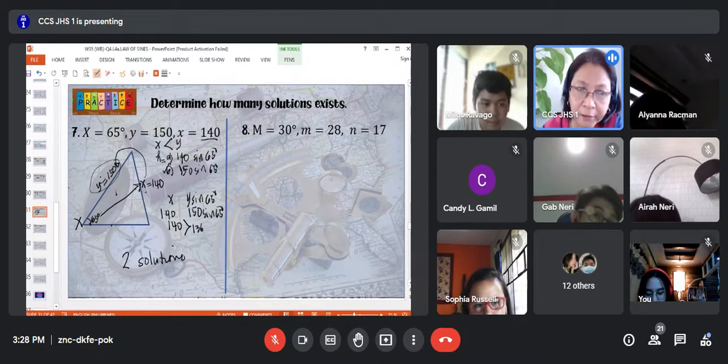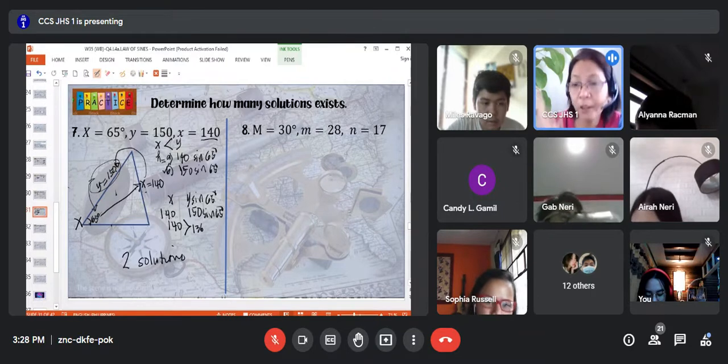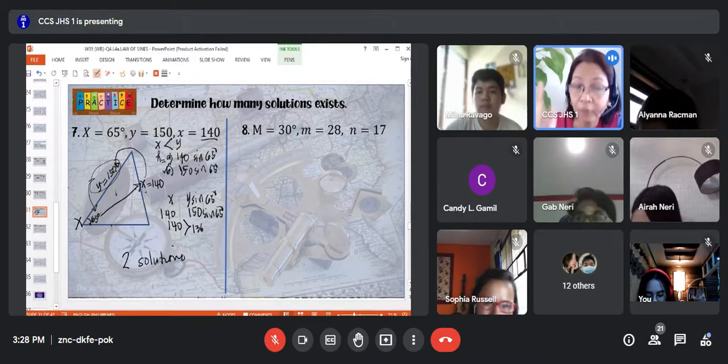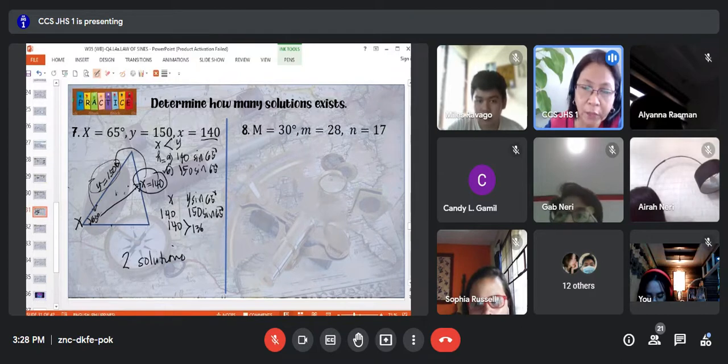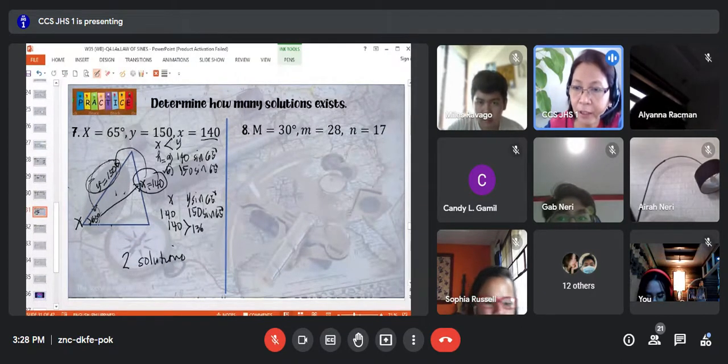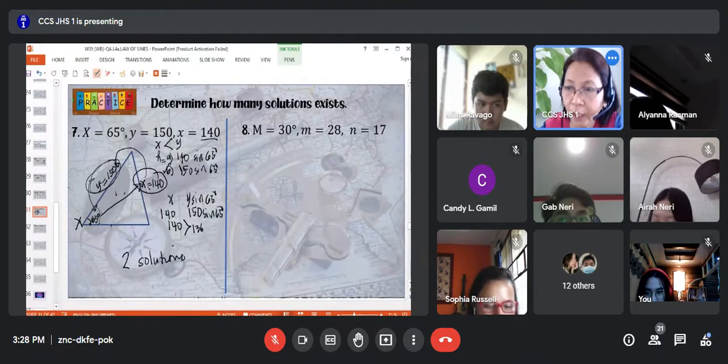And the altitude is the other side times the sine of the given angle. Compare the side opposite the given angle, x, with the altitude. And the altitude is the other side times the sine of the given angle.